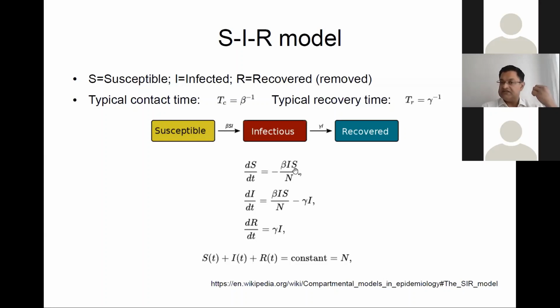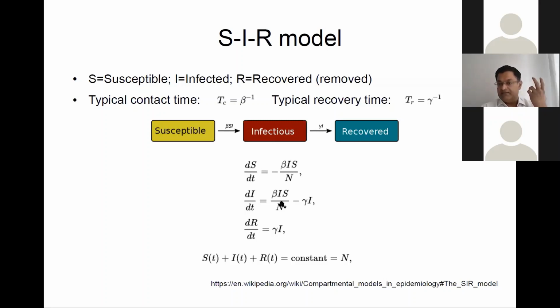The reason it depends on the size of the susceptible pool is because you need susceptible people to get infected. And the reason it depends through a product on the infected pool is because you need people infecting other people to spread the infection. So you need a product I times S, which will move the flux of people from the susceptible to the infectious. And the infected people flux will be the flux that comes from the infected people, minus the flux that corresponds to the infectious people recovering.